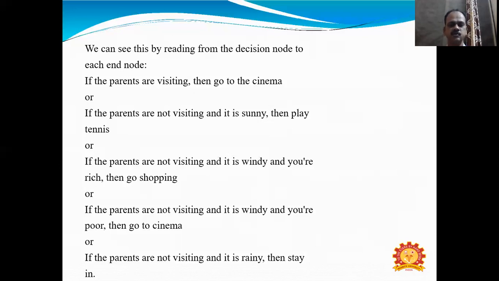You should make the branch at right side, which is not true. Not true means you split the branch at right side; true means split the branch at left side. If the parents are not visiting and it is rainy, then stay in. This statement is false, so the branch should come at right side.